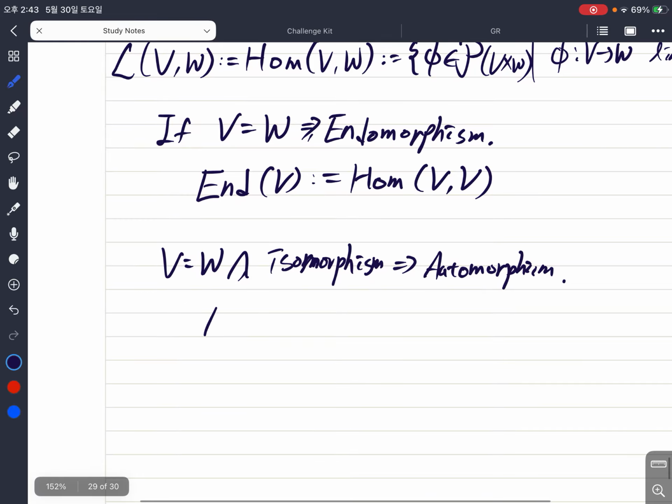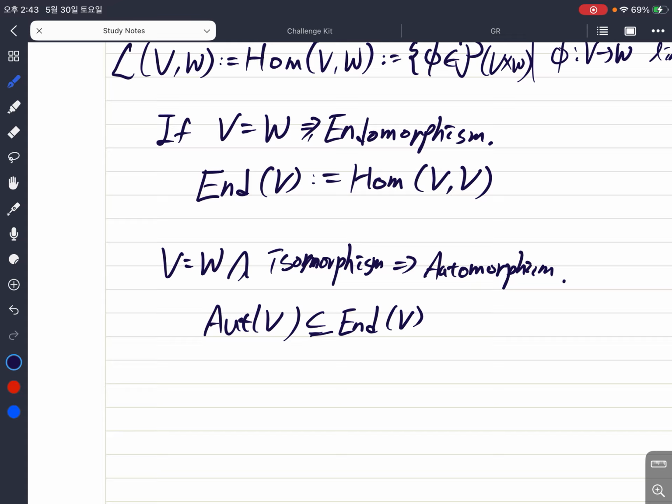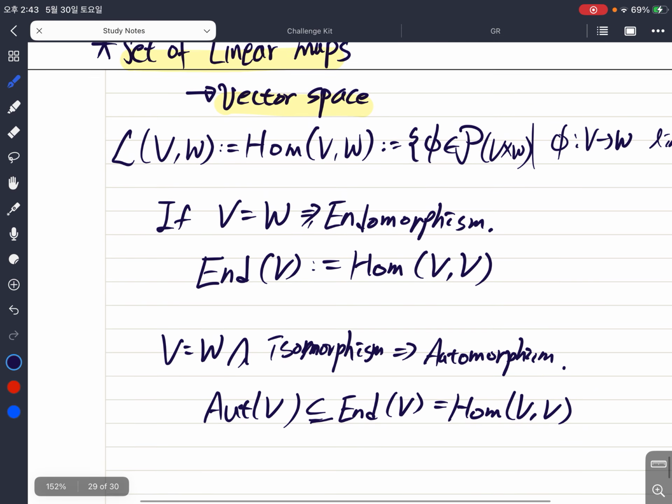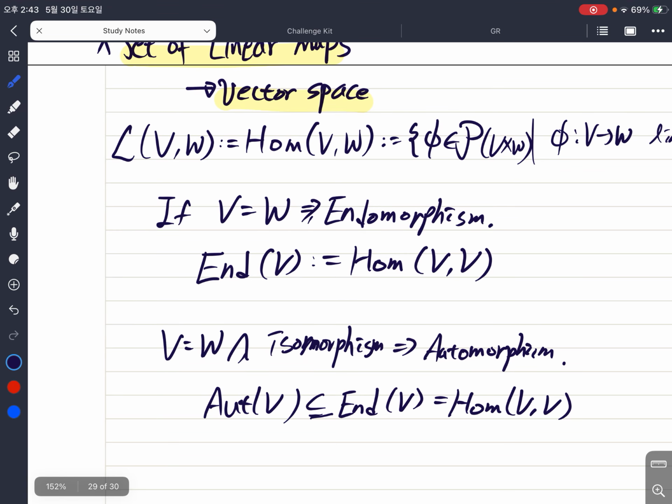For automorphism, we use Aut(V). It is a subset of End(V), or recall that it is just Hom(V, V). So this is just a notion, but today we will focus on Hom(V, W). So we will use mainly this. This is just extra.